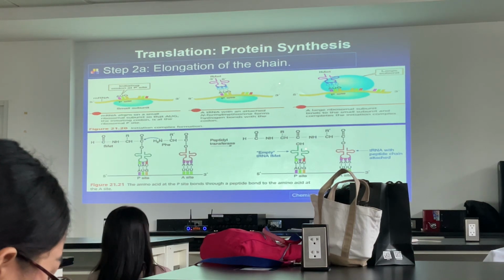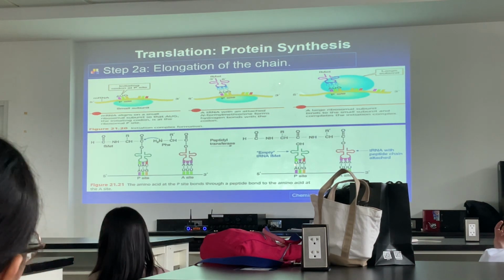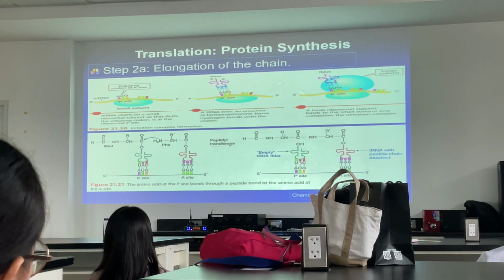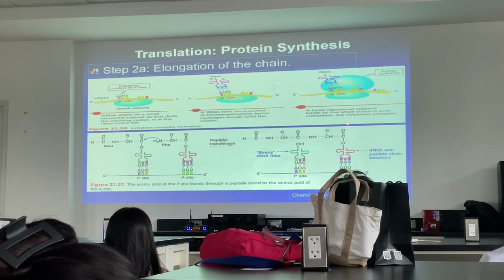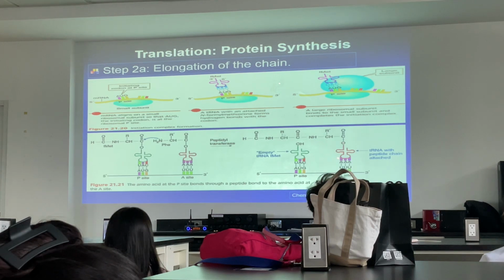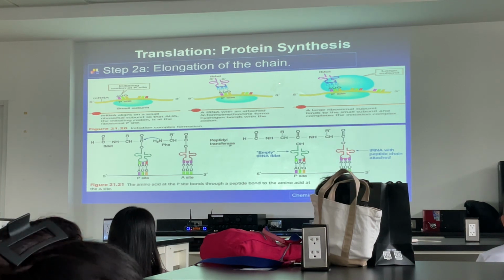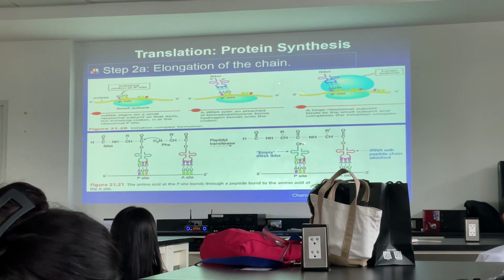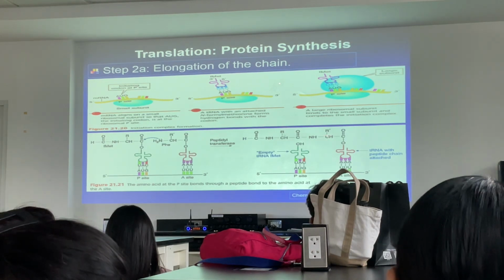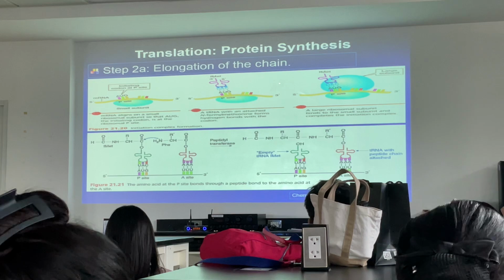And what will happen once this becomes empty? This will now detach from this codon. And this is now the tRNA containing 2 amino acids, a dipeptide. Okay? So that's the elongation.